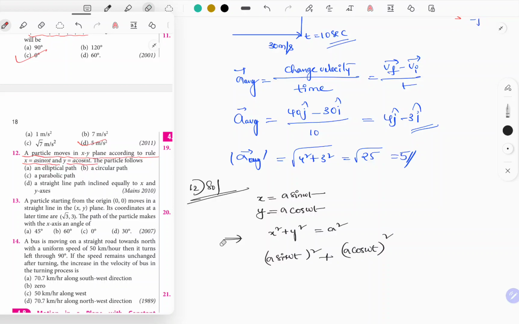We have to check whether it is going to be equal to a square or not. So a square sin square omega t plus a square cos square omega t.